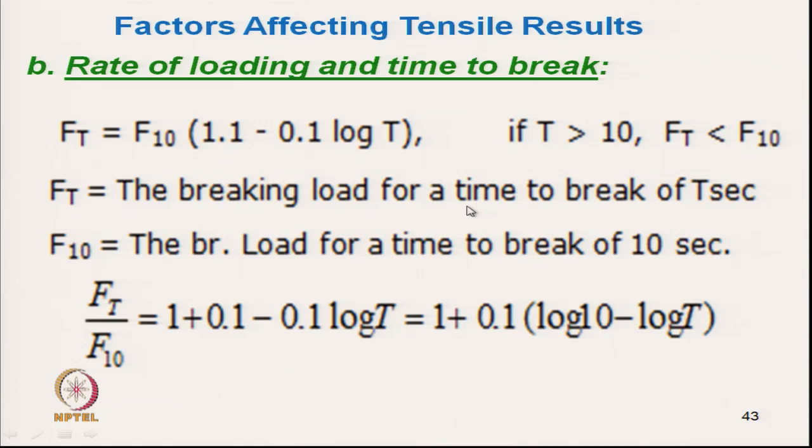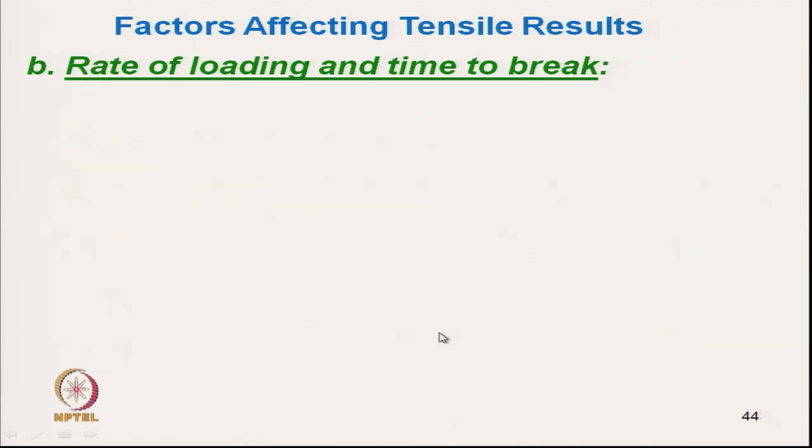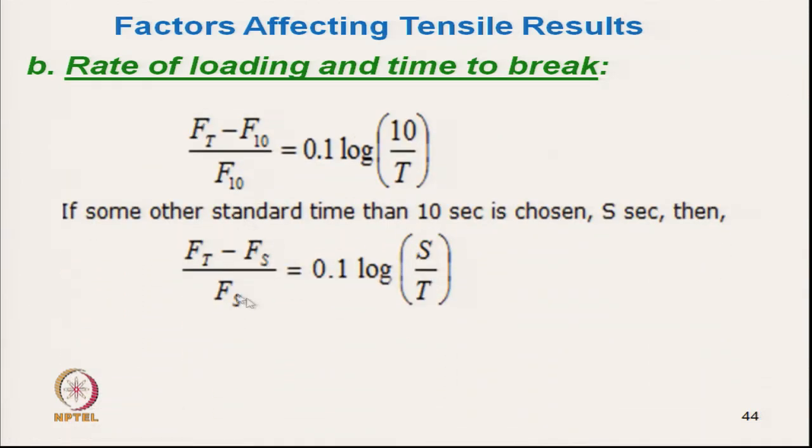If we rearrange it, we reach the standard equation: (Ft minus Fs) by Fs equals 0.1 log base 10 of s by t, where t is the breaking time for the force Ft, and s is the breaking time for the breaking load Fs.